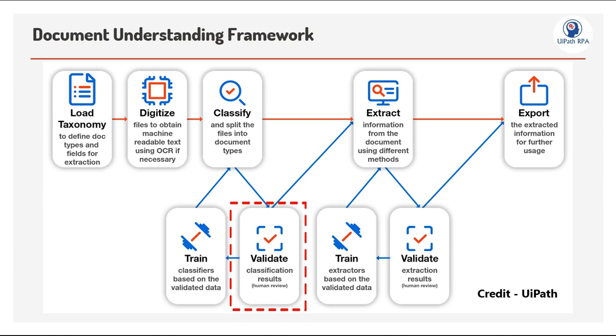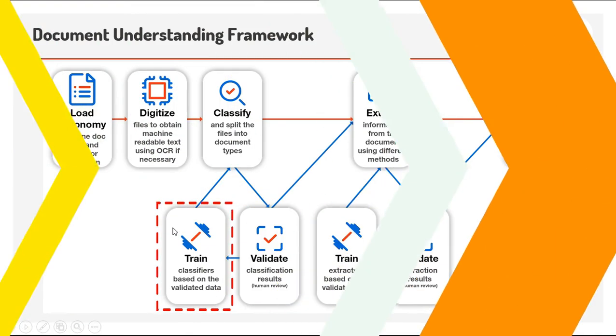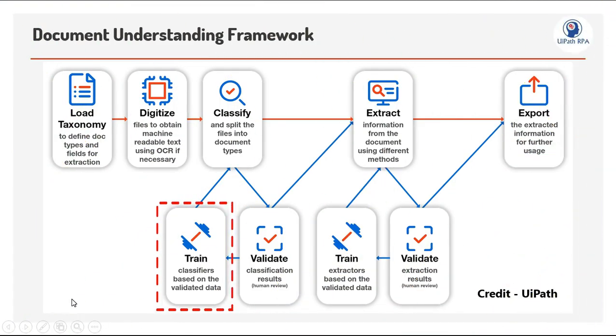Now, after validating, the fifth step is train, meaning training, right? Once your senior or document expert confirms that this is an invoice document, or this is a loan application, this is a receipt, you remember it, right? Because we are human and we are learning. So once he says this is the invoice document, we learn that.